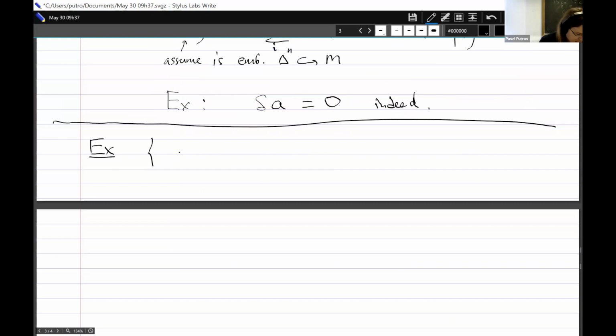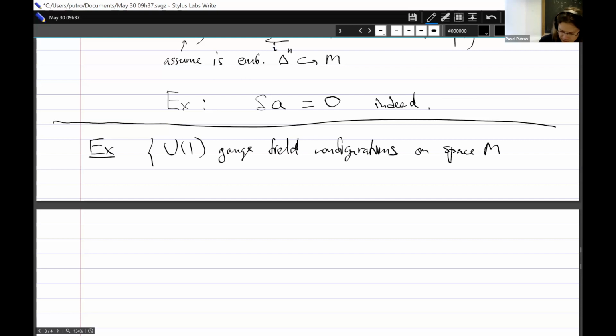Suppose we want to consider U(1) gauge field configurations on space-time M, modulo deformations.